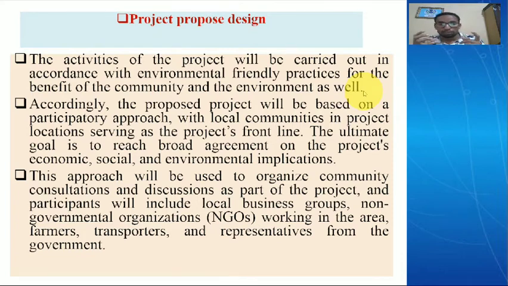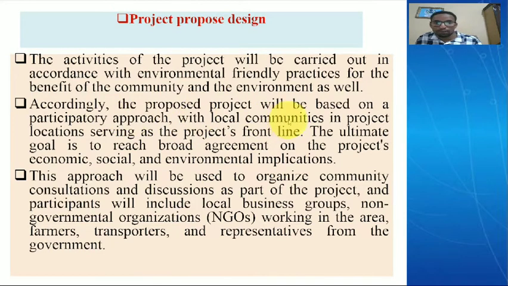For example, we will construct a 15-kilometer road. At the same time, to apply environmentally friendly practice, the community that will use the road will plant trees, perennial trees that will improve the environmental issue.